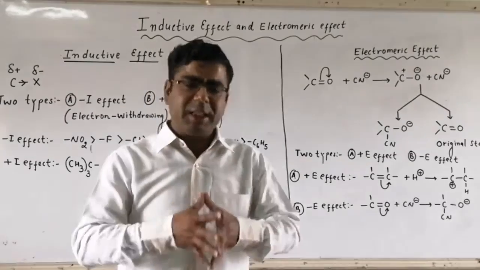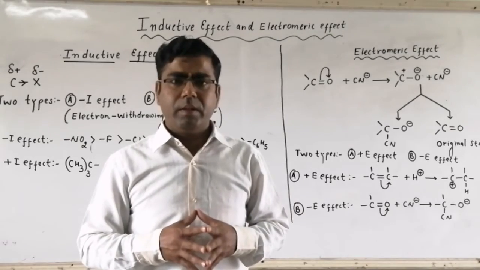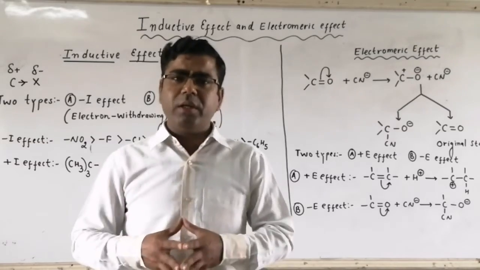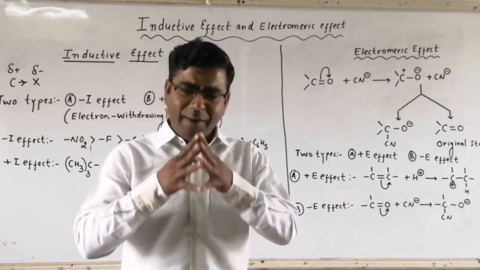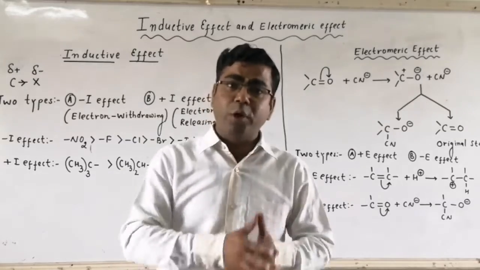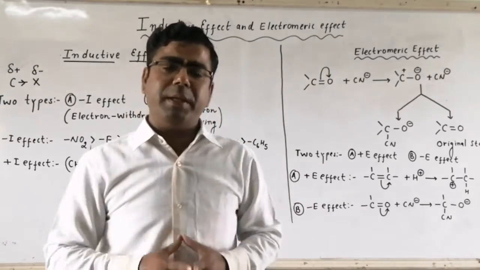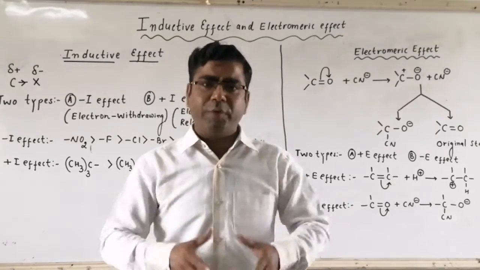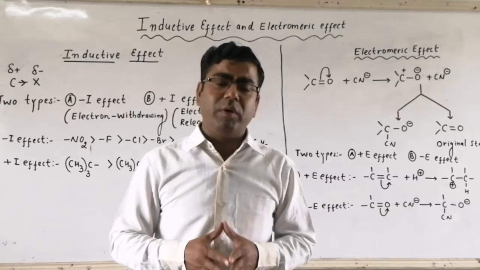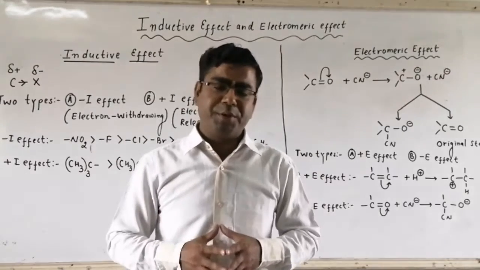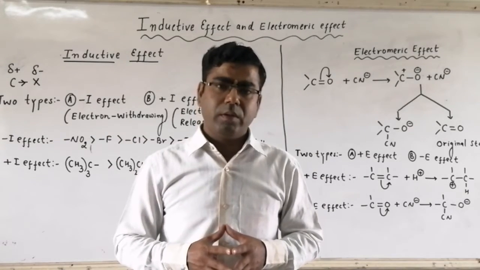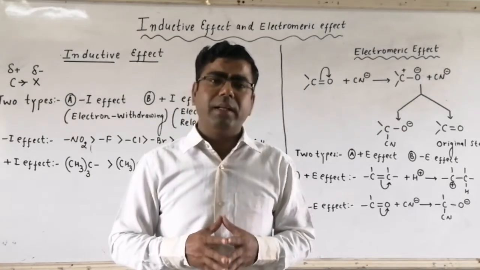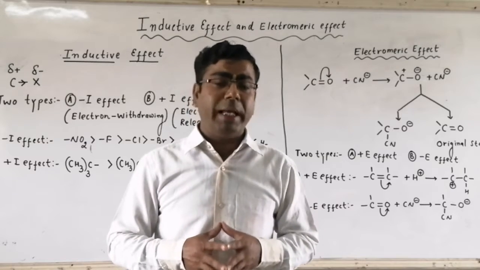Whenever branching is present, then branching part of the structure of the compound have the tendency to release the electron towards the parent carbon chain, as a result of which electron density will be increased in the parent carbon chain. Then such groups are said to exert plus I effect or electron releasing effect.